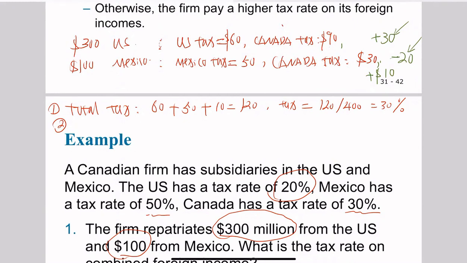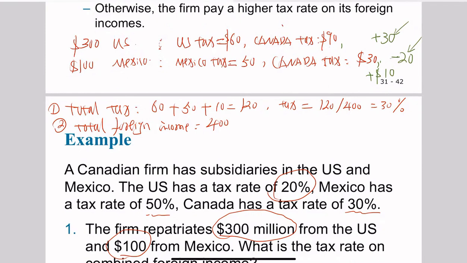But in the second method, we can just directly put together foreign incomes. So the total foreign income is $400 million.